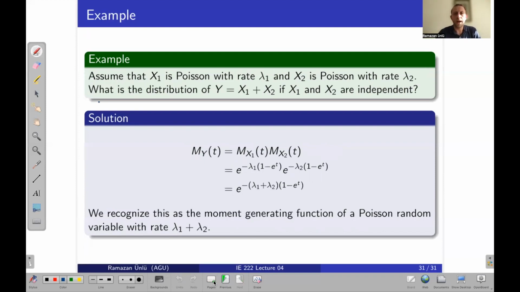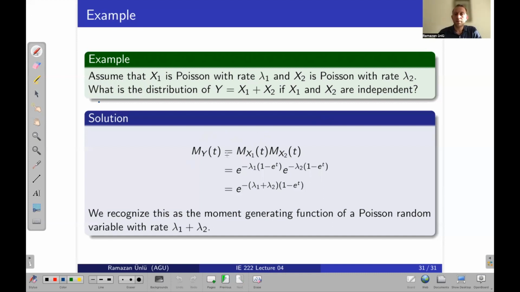So we have another example. Assume that x1 is Poisson with rate lambda 1 and x2 is Poisson again with the rate lambda 2. What is the distribution of y, which is equal to x1 plus x2, if x1 and x2 are independent? Again, we have the same thing.